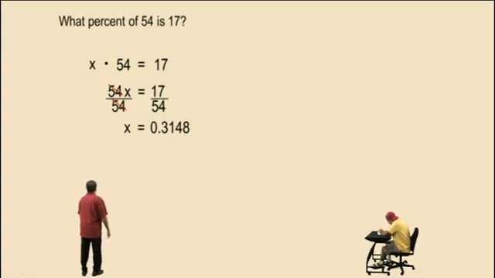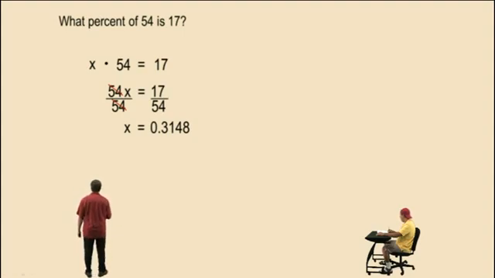0.3148. And we must remember that initially we let x represent a percent. So our final answer has to be a percent. Now we have a decimal value that was given to us rounded to the nearest 10 thousandths. And to convert a decimal to a percent, Charlie, we move the decimal 2 places to the right.